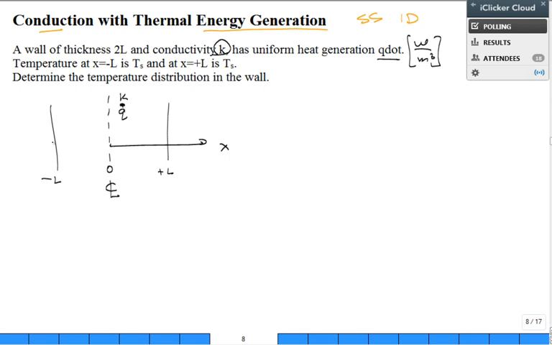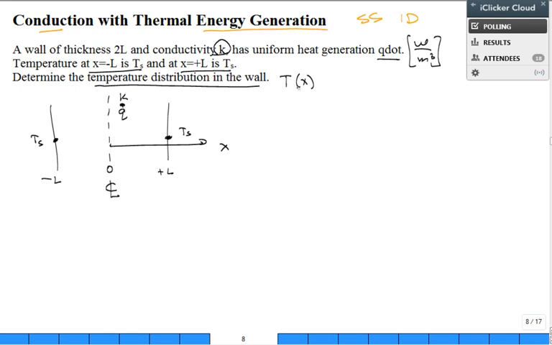So at this surface, Ts is the value at x equal to negative L. And over here, we have the same surface temperature, Ts, at positive L. Solve for the temperature distribution in the wall. Find T as a function of x.